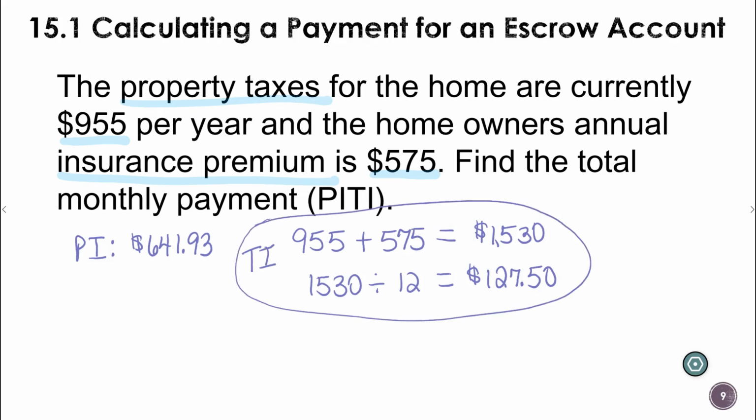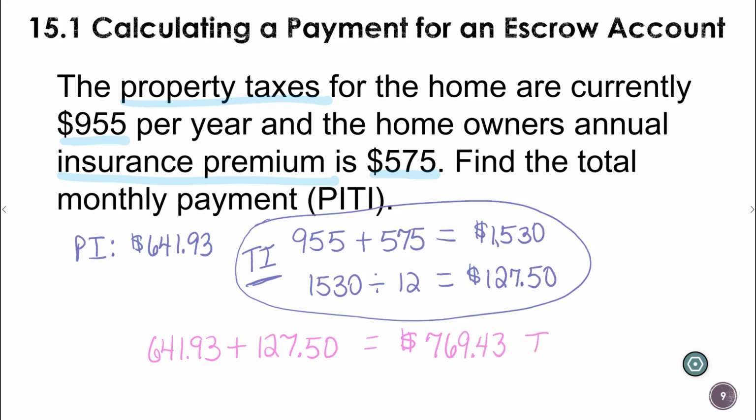This part is TI. And then one more step, we have to add these together. So we're going to add the $641.93 to the $127.50. And this is going to be the monthly amount paid to the mortgage company.